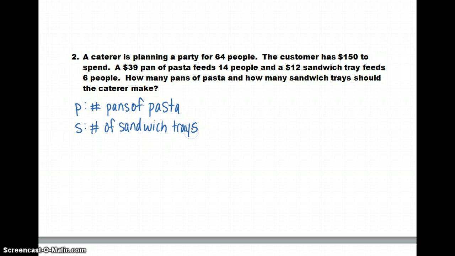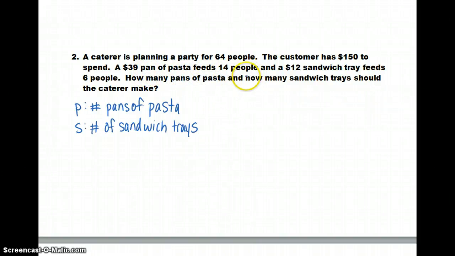For our first equation, let's take a look at just the first thing they mention. It says that the caterer is planning a party for 64 people. That means that you need to have enough pans of pasta plus enough sandwich trays to feed the total 64 people. If you notice in the problem, it says that a pan of pasta feeds 14 people.